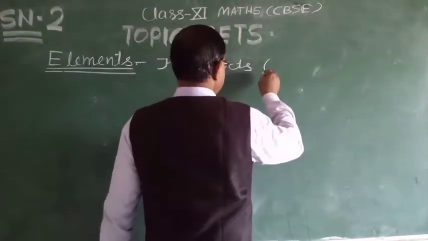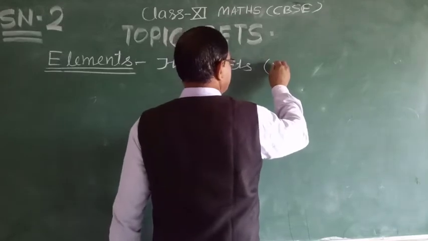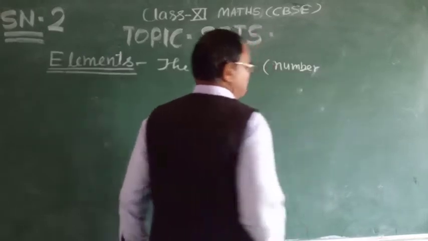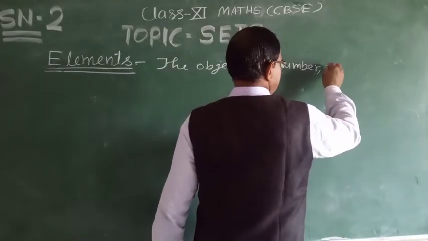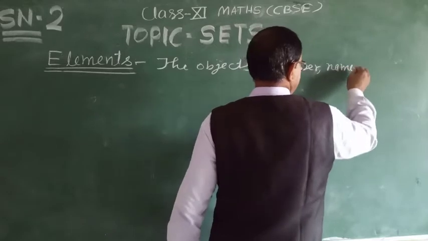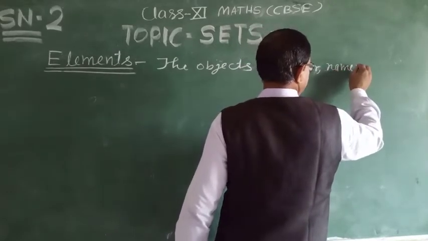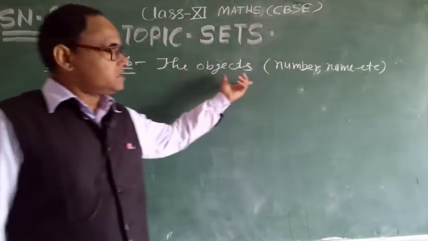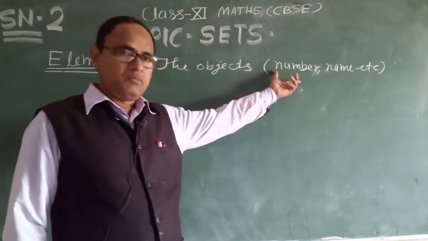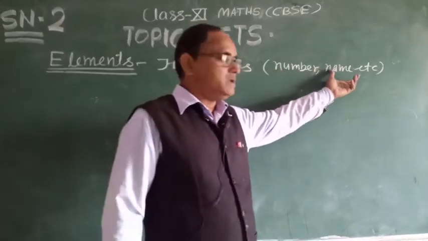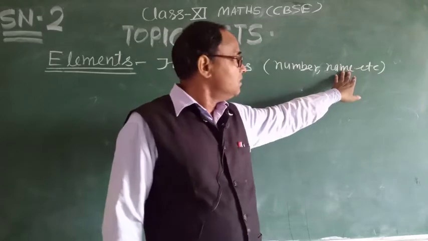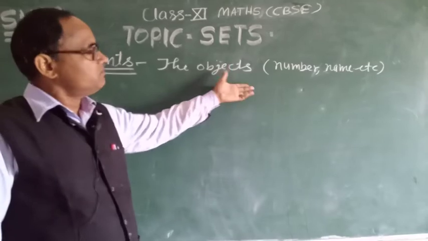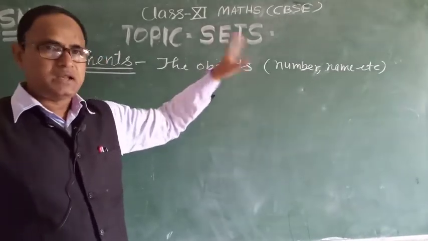The object may be a number or names, etc. The object means it may be a number or any name. Okay? All are the elements. An object may be in any number form or a name form.